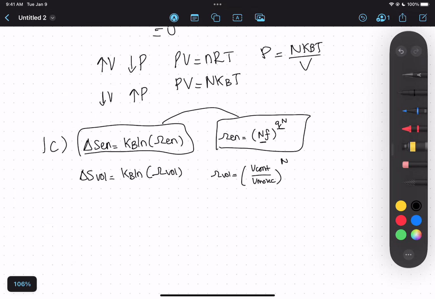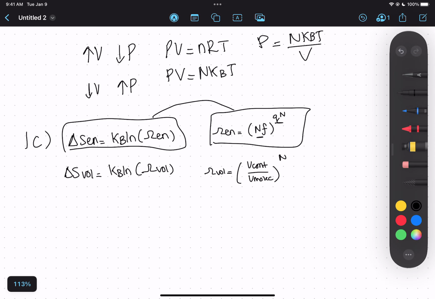For the energetic entropy, now, do you see any indication of any change in the particles for that problem? So, I won't say anything else, but does that make sense?